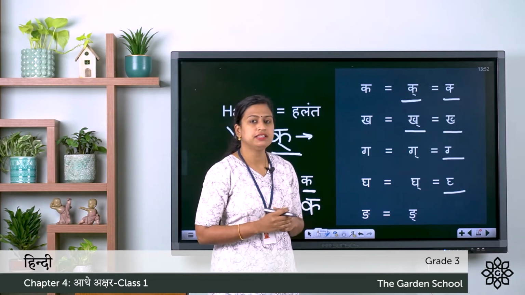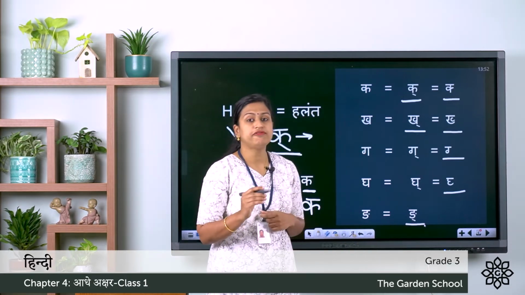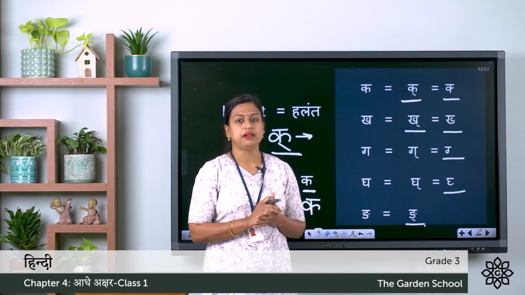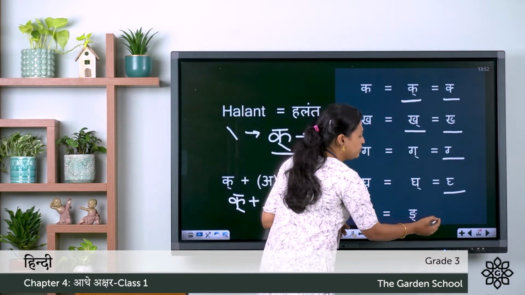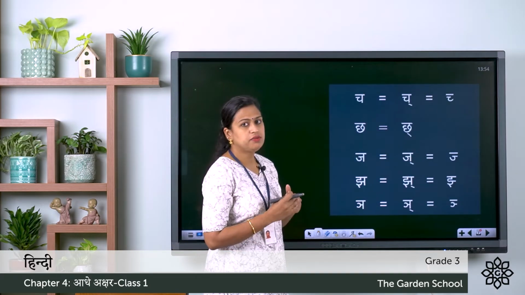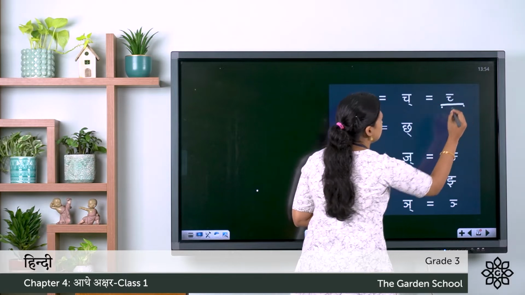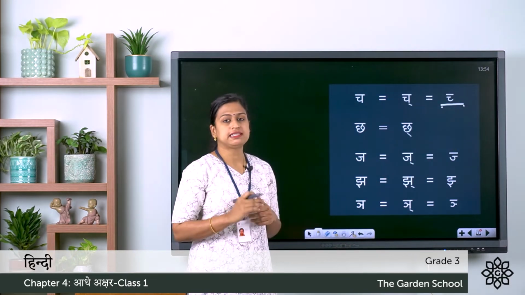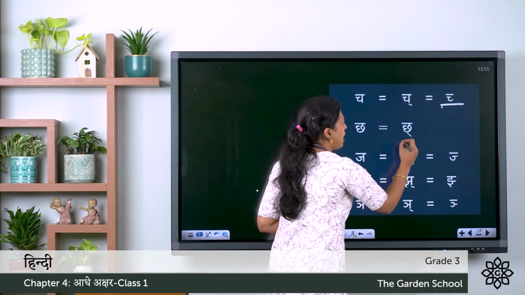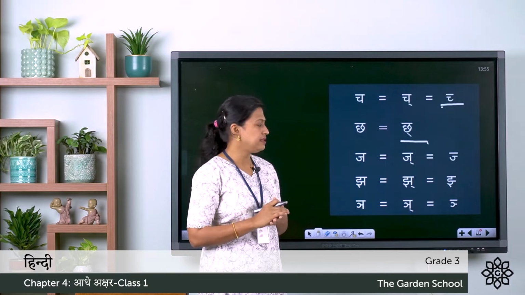Next Vyanjanakshar is Nga, and this is the way to write the half form of Nga, the letter with the hal symbol, and rarely we use this half form of Nga. This is Vyanjanakshar Cha, and this is the half form of Cha, with no standing line. Next one is Cha, and this half form is the letter with the halant symbol.